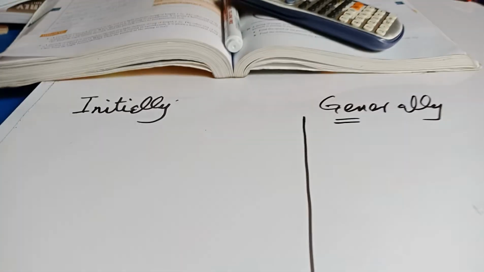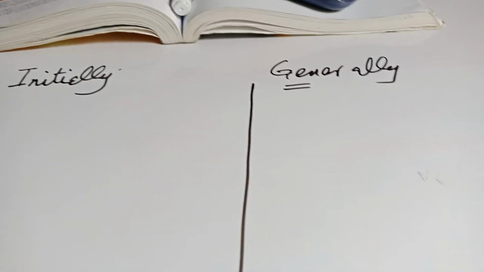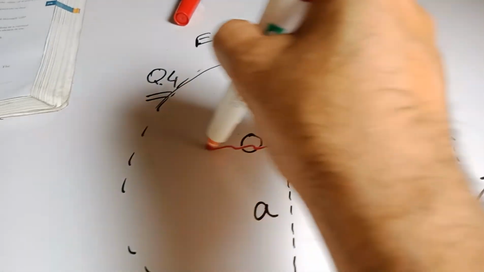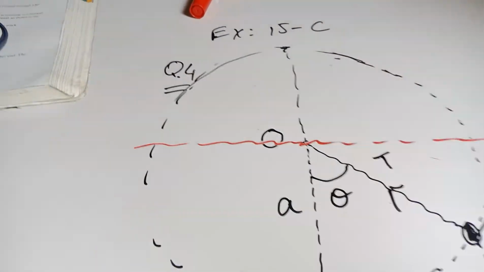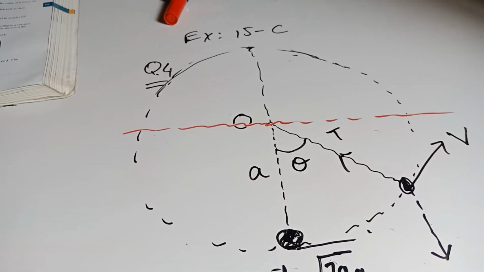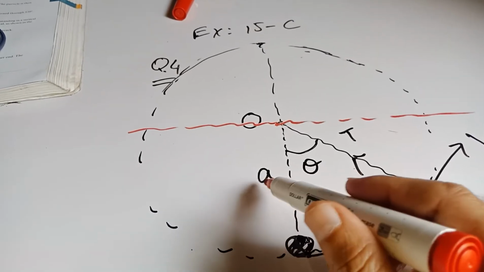So once again, we have to see what the energies are initially and generally. As you know, this is the level from which we determine the height of this object during this vertical circular motion. So here the height is minus a.